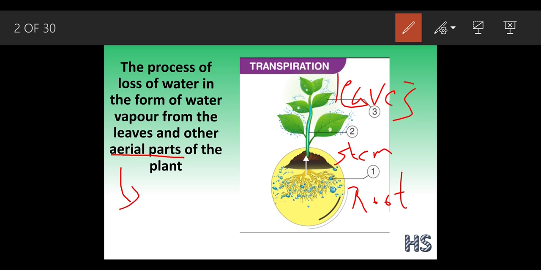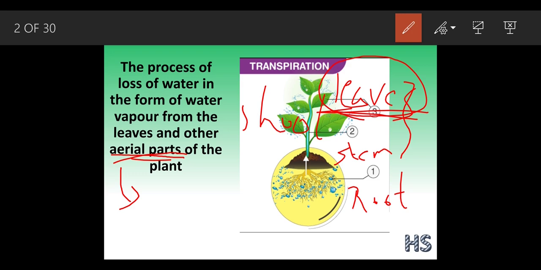The stem and the leaves are called the shoot, which is the above part. And in that also, the leaf is going to transpire. The leaf is going to lose the water. The aerial part means the above part, and the most above part is the leaves. So this was about the definition.